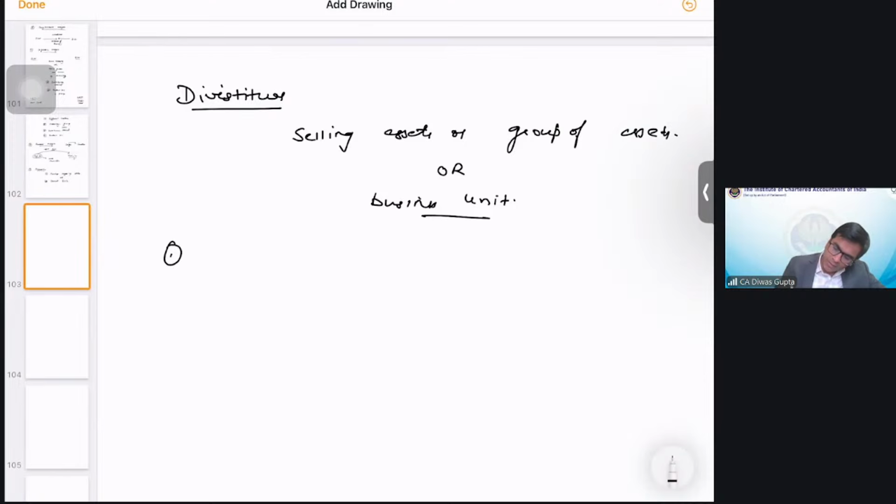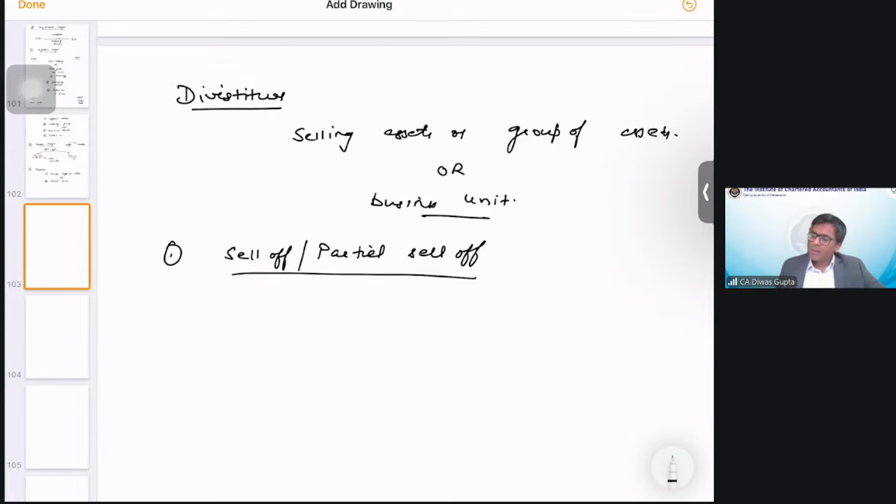First one, sell off, or partial sell off.